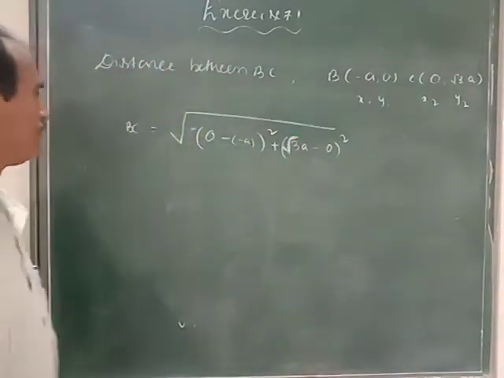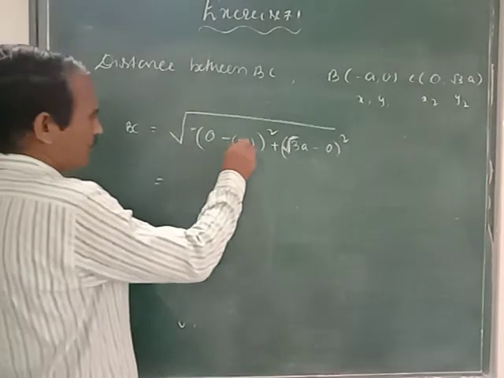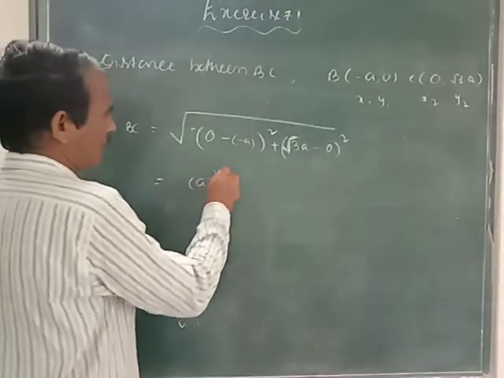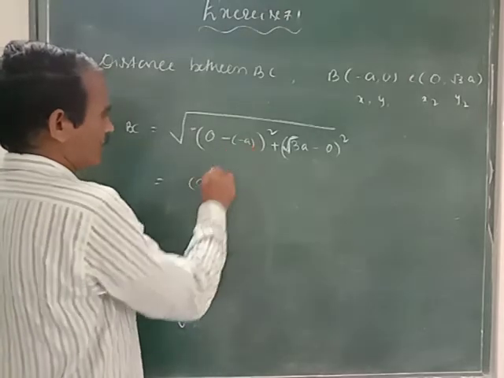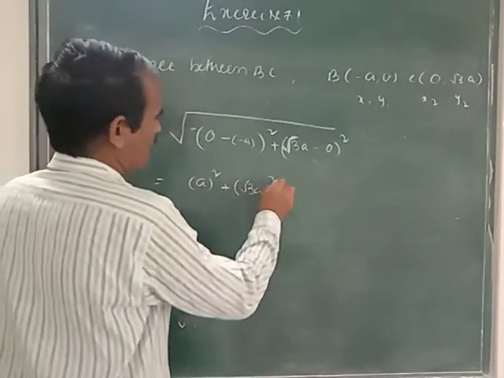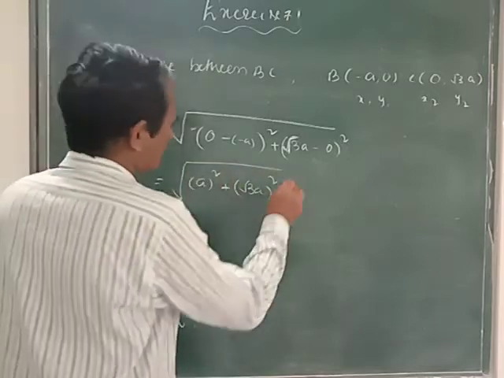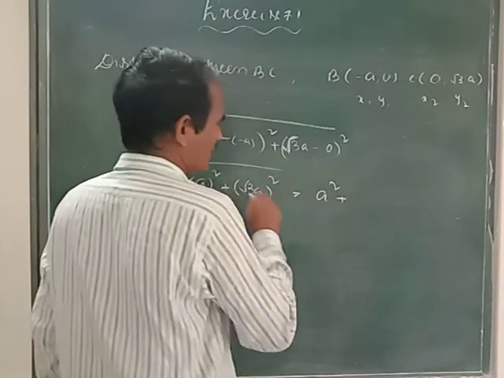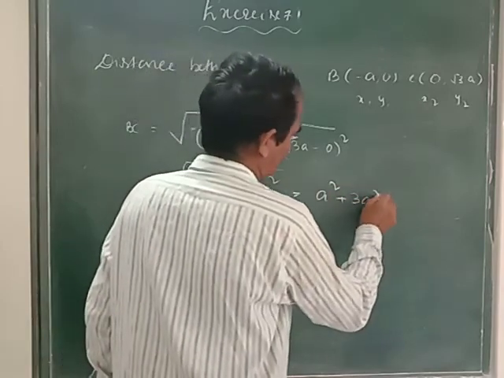Okay. Now what is the next step? Minus of minus plus, 0 plus a square, plus root 3a whole square. That is a square plus, root and square cancel, 3a square.